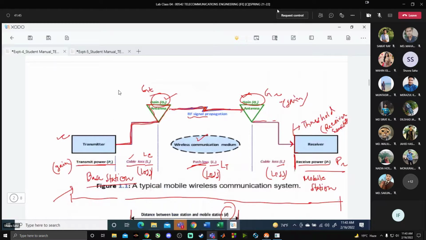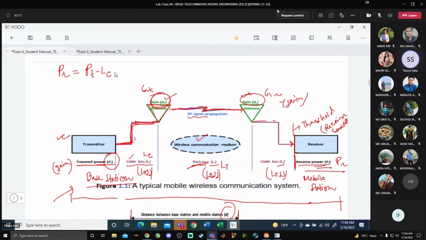Can we say that PR, the received signal power, is equal to PT, then the gain factor, then after that a cable loss, minus LC. In this equation I am using a positive sign for gain factors and a negative sign for loss factors. So minus LC, then you have GT.